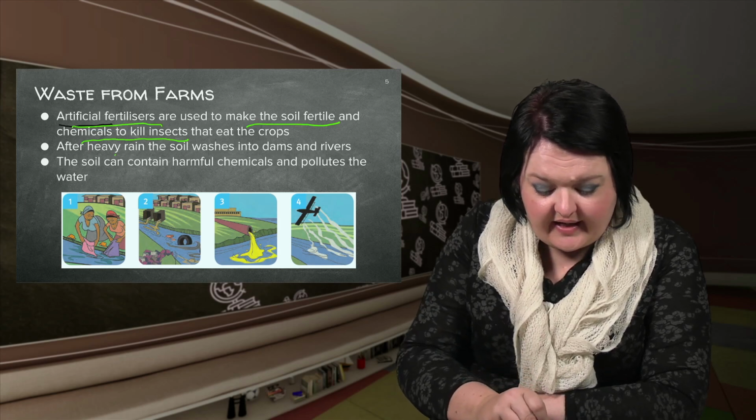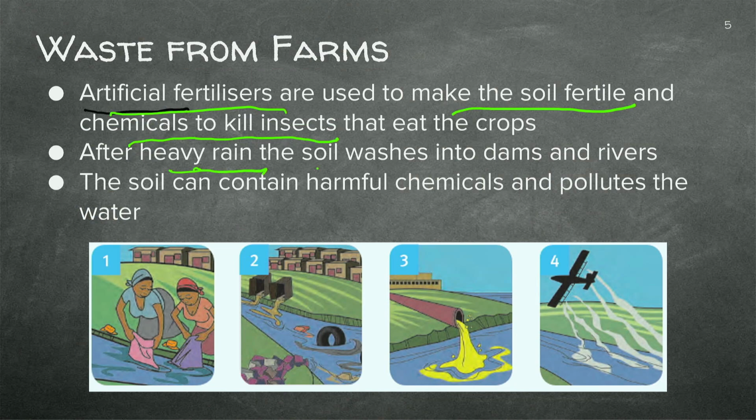Unfortunately, after a heavy rainfall, the soil washes into the dams, meaning all the insecticides and all the fertilizer flows into the rivers or dams, meaning it can contain harmful chemicals and it pollutes the water.